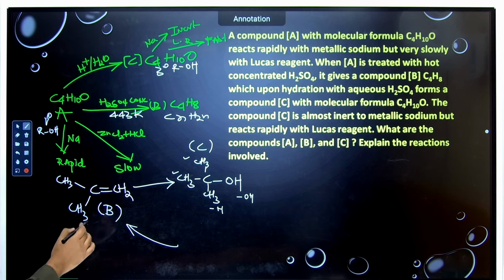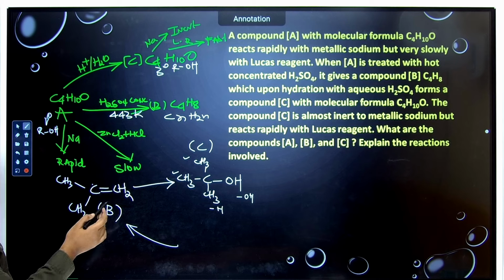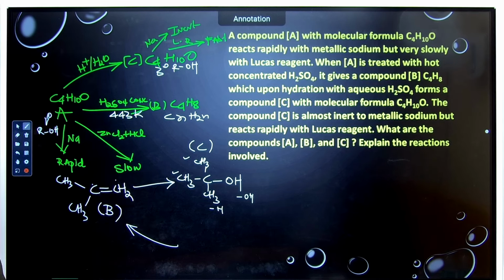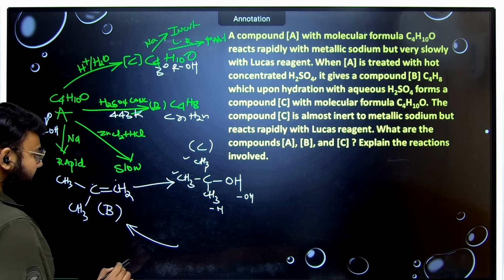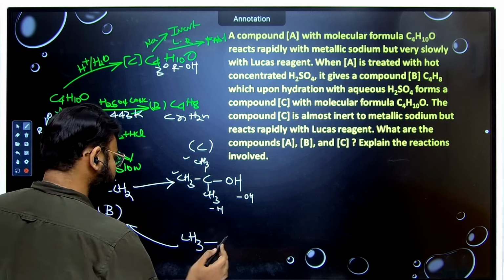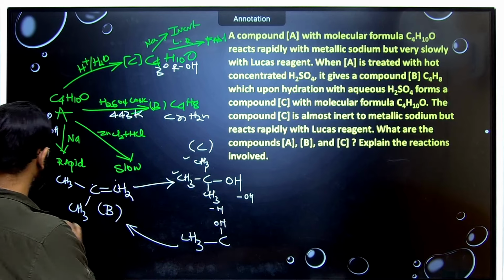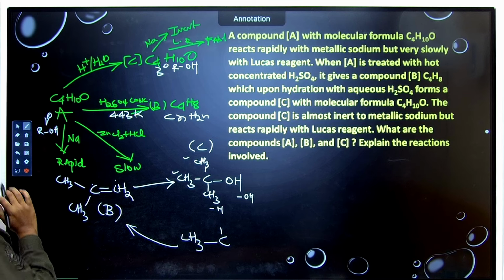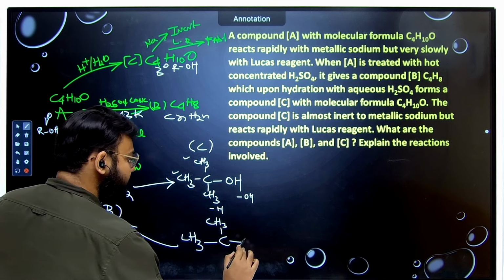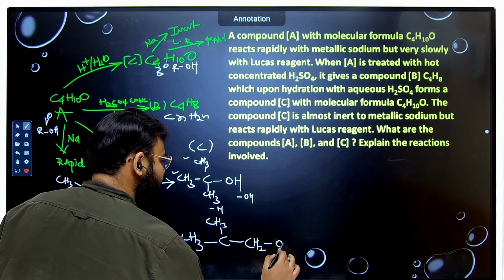So when you add H2O, you add the negative part on the higher degree carbon. Okay, that is the Markovnikov addition, the Markovnikov rule we follow, and the hydrogen will go to the other. So our answer has to be this: CH3, then this carbon who gets the OH, then this carbon with the CH3, and you have OH.